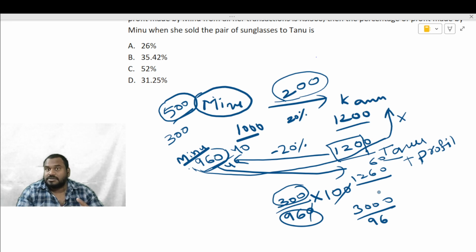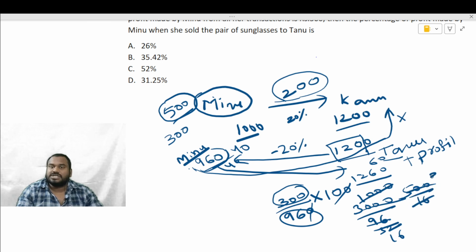If that is possible, then the whole number will be divisible by 3. So 9 plus 6, 15. 15 is divisible by 3. So it will be divisible by 3. 3 3s are 9, 3 2s are 3000. Next two 16s are 32, 500. 500 by 16. Again, 16 3s are 48. 2 is remaining, 20. 16 ones are 16, and again 4 is remaining. 4 by 16 means 1 by 4. So 31 and 1 by 4 is nothing but 31.25.